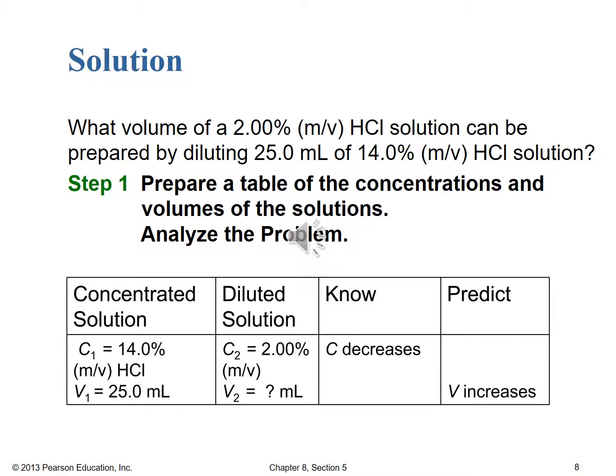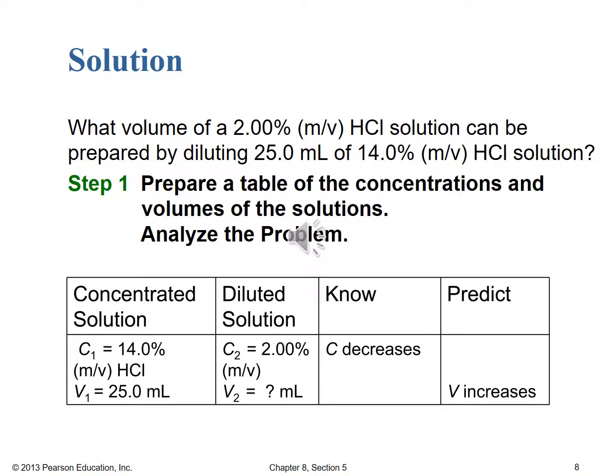So here in step 1, we put the values into a table. We have our concentrated solution. That initial concentrated solution is 14.0% mass per volume of HCl in water. Then we have an initial volume of that concentrated solution of 25.0 milliliters.